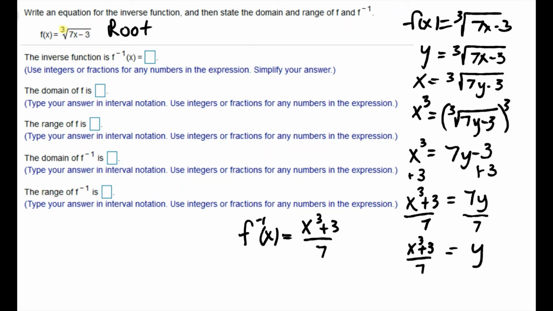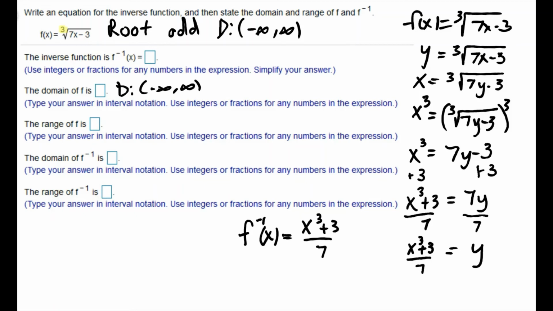So because this is an odd index, what we know is that the domain of odd index radicals is all real numbers. So the domain of f is negative infinity to infinity.